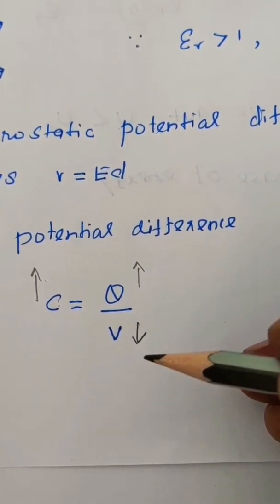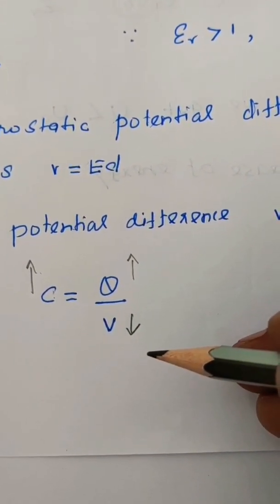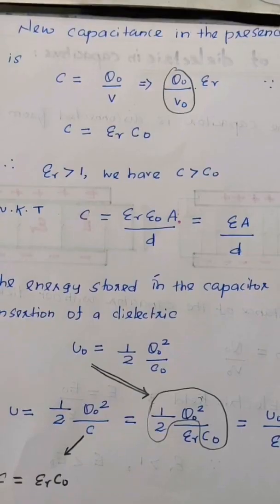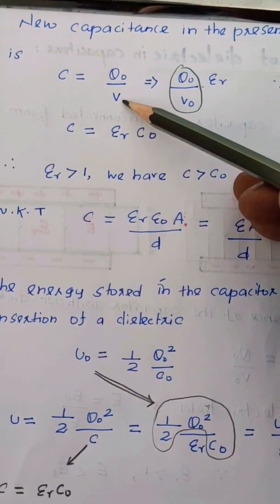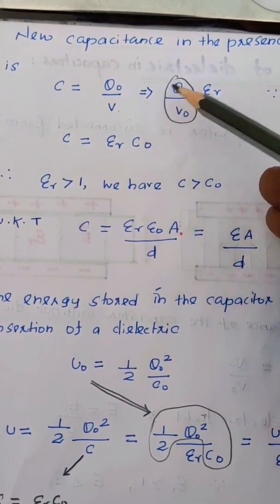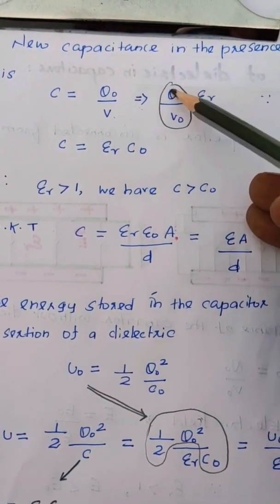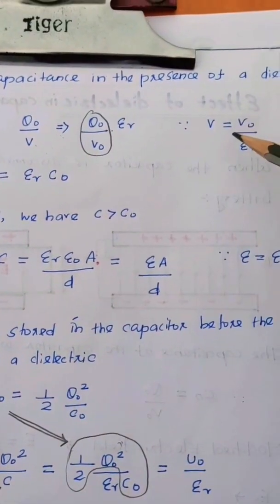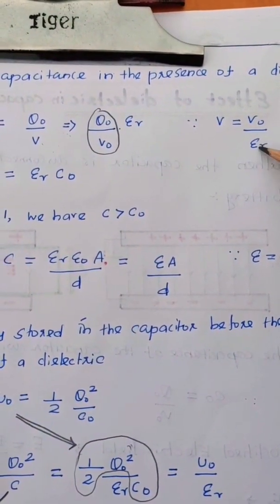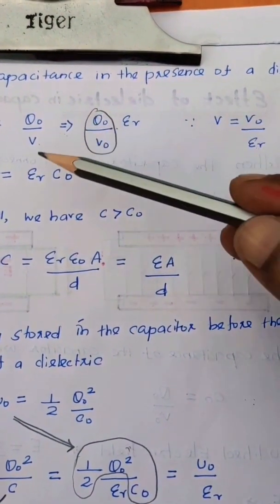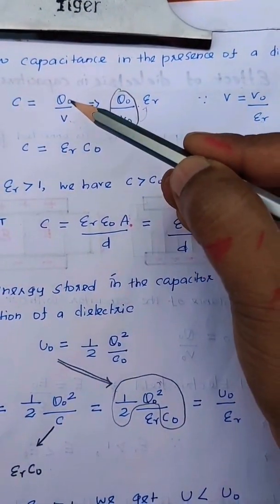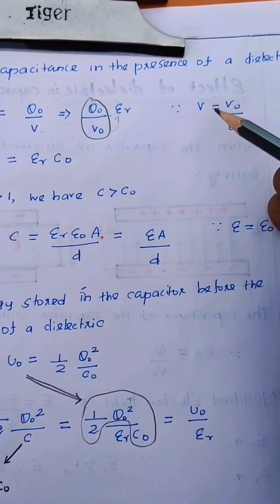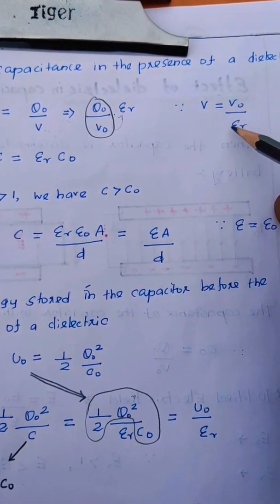So the new capacitance in the presence of a dielectric is C equal to Q naught by V. Substitute the value of V equal to V naught by epsilon r.